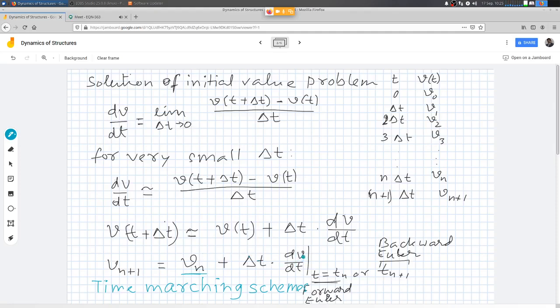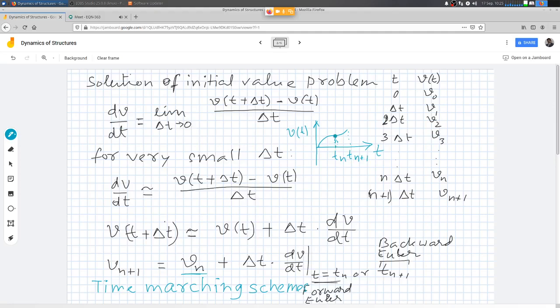Now if I use the value of a gradient, let's say the function varies like this. Let's say this is Tn, and let's say this is Tn plus 1.